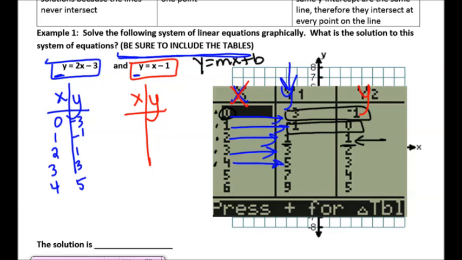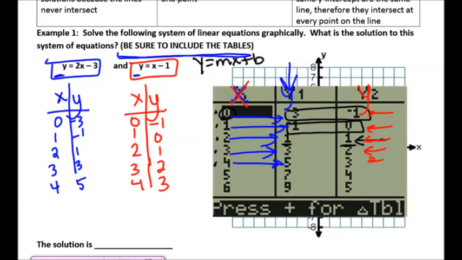So the points that we want to graph, we're going to use the same x values for the red line, 0, 1, 2, 3, and 4, but now we're going to use all of these y values. Okay, so copy those down, -1, 0, 1, 2, and 3.